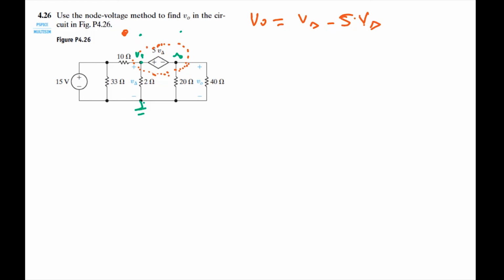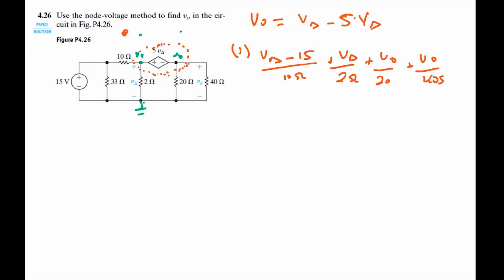On this side, equation 1, this is going to be V delta minus 15 volts over 10 ohms plus V delta over 2 ohms plus V0 over 20 ohms plus V0 over 40 ohms. And all that's going to equal 0.